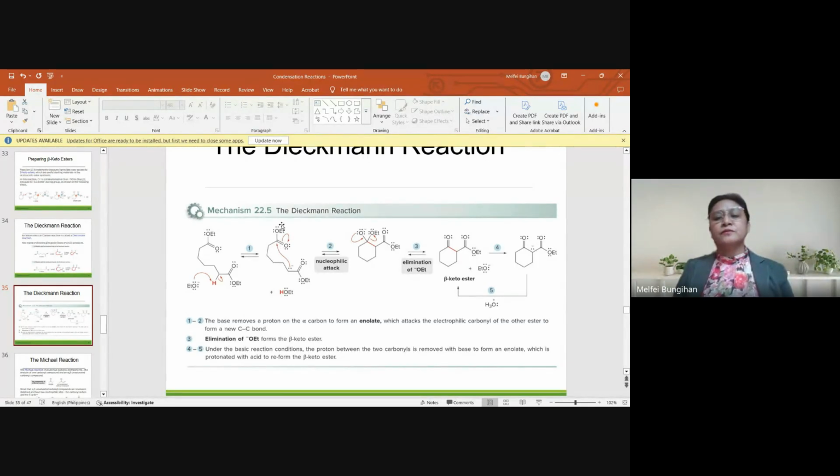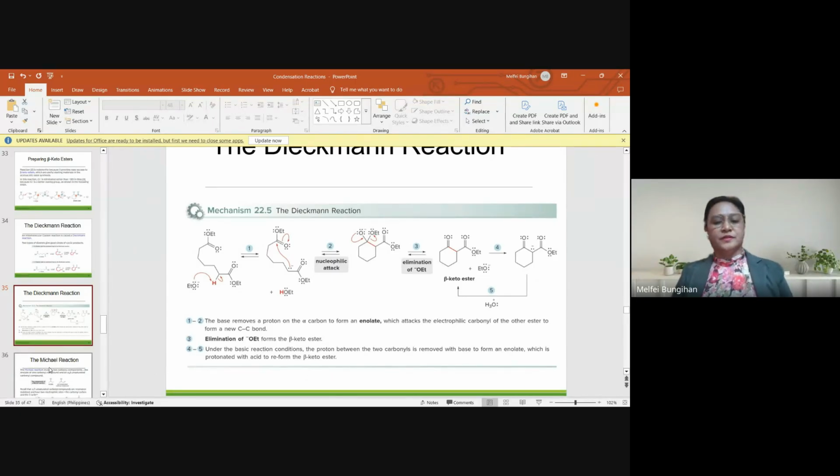And then, of course, there is what we call a tetrahedral intermediate, and removal of the leaving group to retain your carbonyl group. We call it the elimination process. And then protonation to stabilize now your beta keto diester.